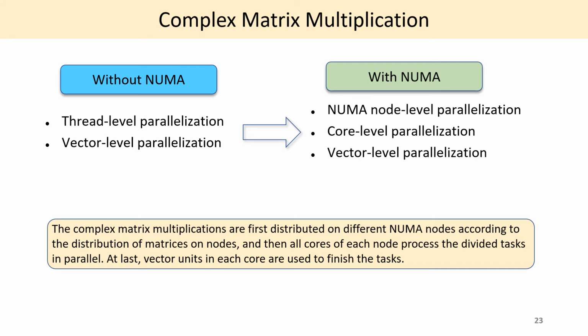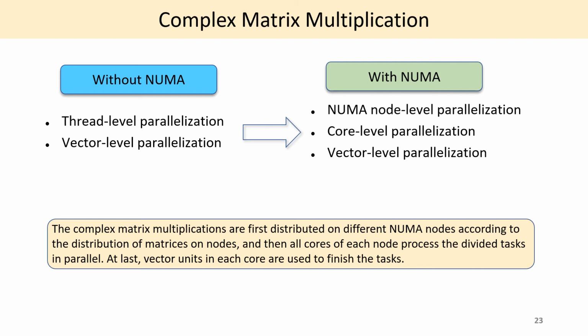NUMA-aware parallelization is mainly used to optimize the performance of complex matrix multiplication. The difference between using and not using NUMA-aware optimization is shown above. NUMA-aware optimization makes convolution more in line with the processor's architecture and gets better performance.